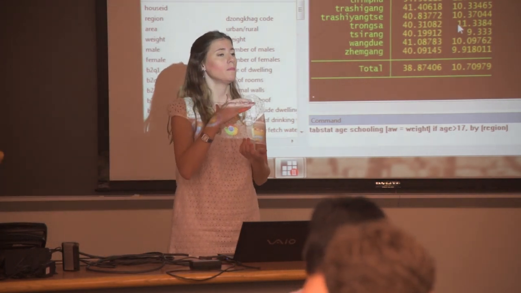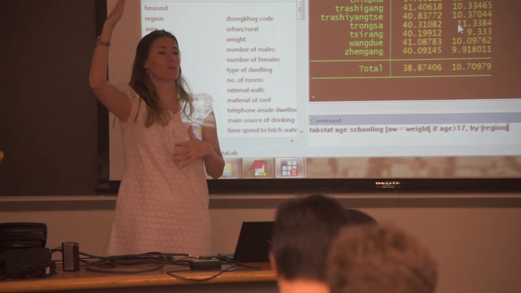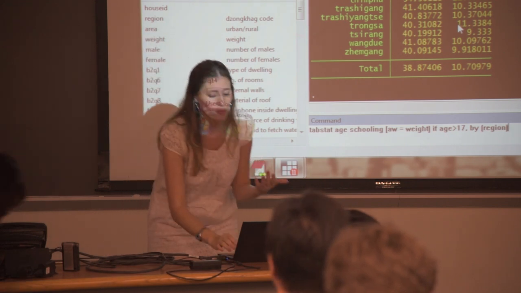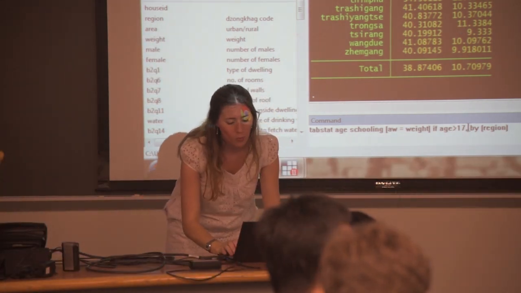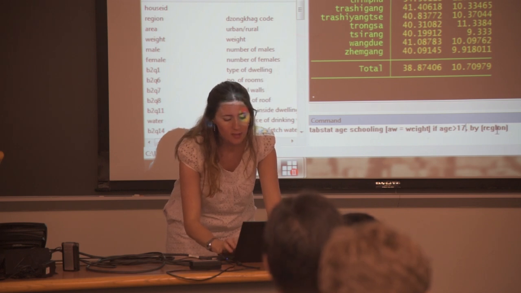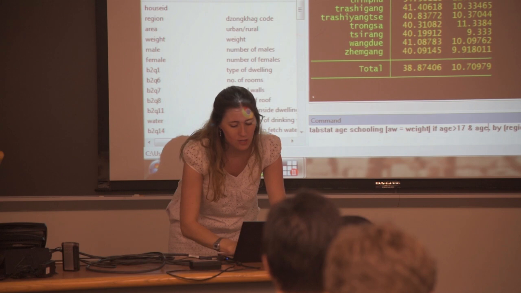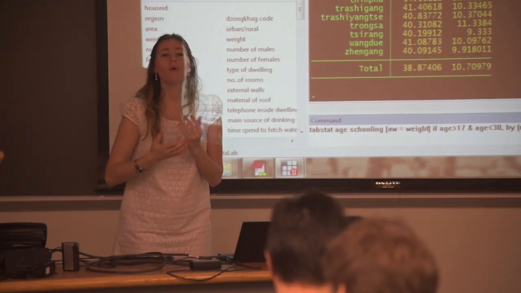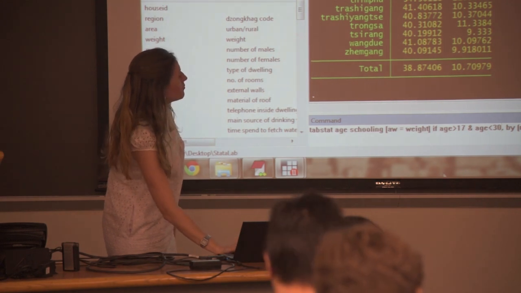Here we are dropping those that are below 17, but we have everyone who is 17 or above. So imagine that we want to put some kind of limit on age. We would come here and say that we want to do it if age is above 17 and age, for example, below 30. So the way that we do it is we put it here with the symbol of and.